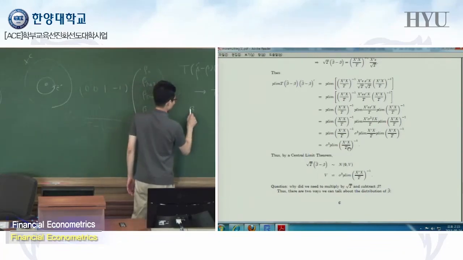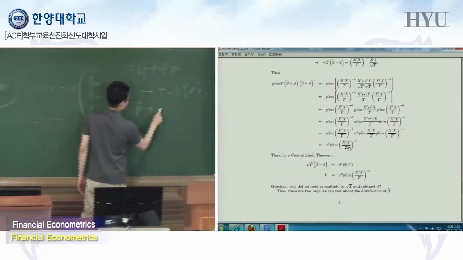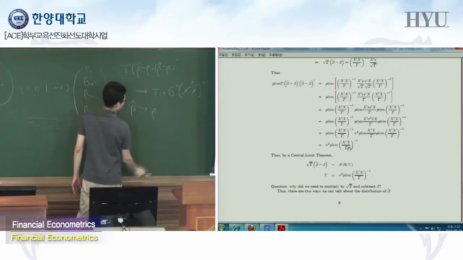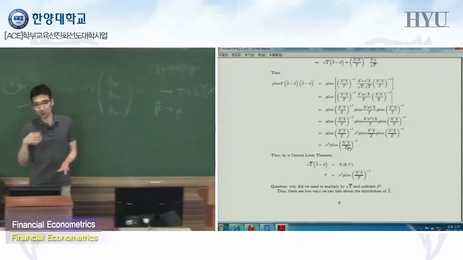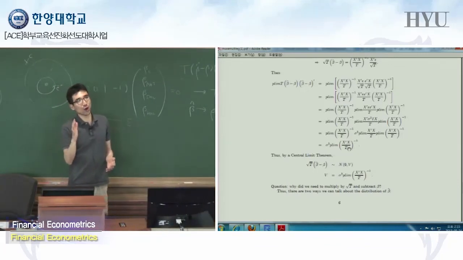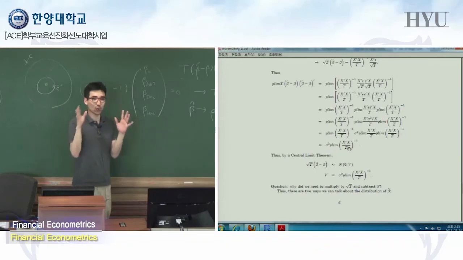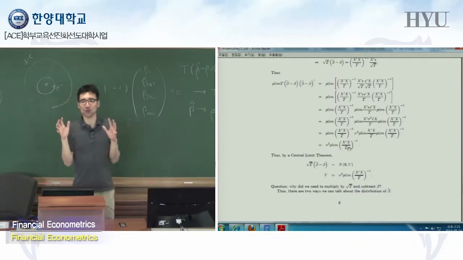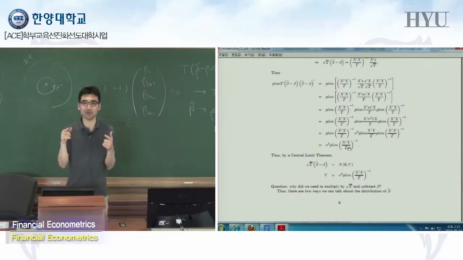Now beta hat converges to beta, and this part converges to beta. So in our previous examples, up to now, we assume that beta is normally distributed, and since beta follows a normal distribution, we can do t-test, f-test, or chi-square test, those things, right?